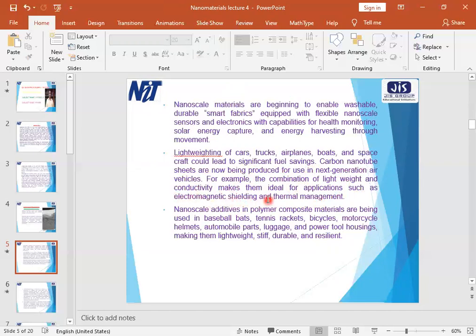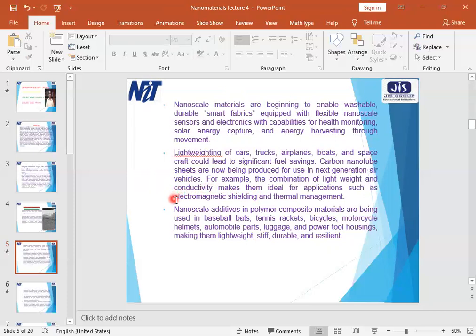Electromagnetic shielding is very much required in the case of space weather. The astronauts who are working in space always require electromagnetic shielding because a very large amount of energetic particles are radiated there, coming from the sun, which you call solar flares or coronal mass ejections.